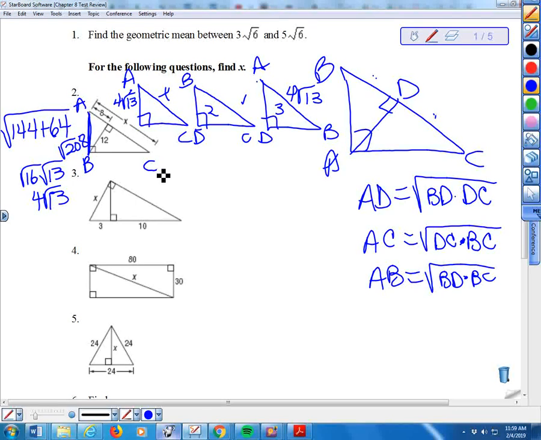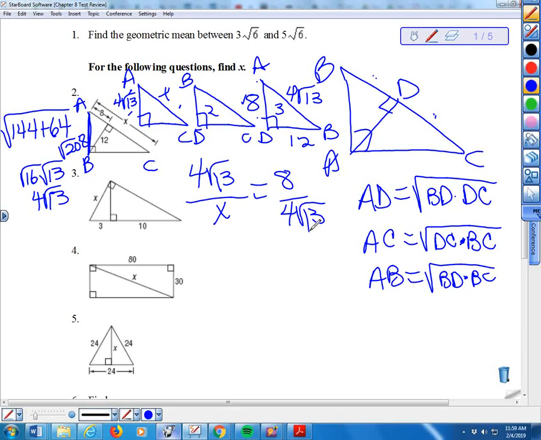So BD is 12. And AD is 8. So this triangle has a side and a hypotenuse. This triangle has a side and a hypotenuse. I can just set up ratios. 4 square roots of 13 over x is equal to 8 over 4 square roots of 13.